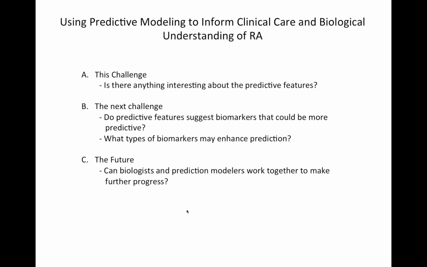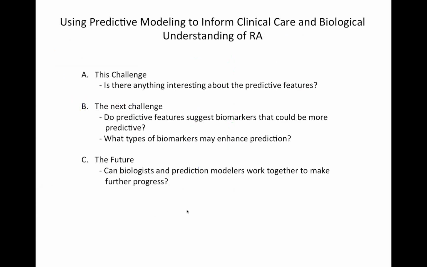If you think about this in the context of everything that's going on in complex traits, I think it's pretty safe to say that this particular phenotype of response to anti-TNF therapy is a complex trait, that most of these phenotypes are highly polygenic and highly complex, which would suggest that there is an underlying polygenic architecture to this phenotype as well.